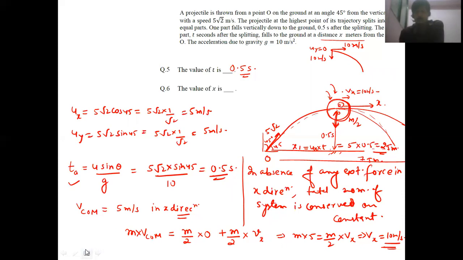So from here also you can find the same thing. Because we have already found this distance is 2.5 meter, from here I can find the x also, and then also we can get the same result.